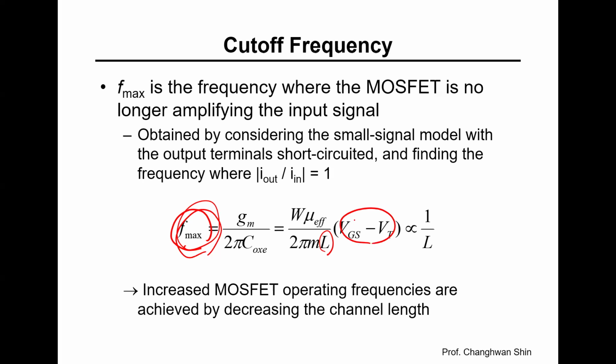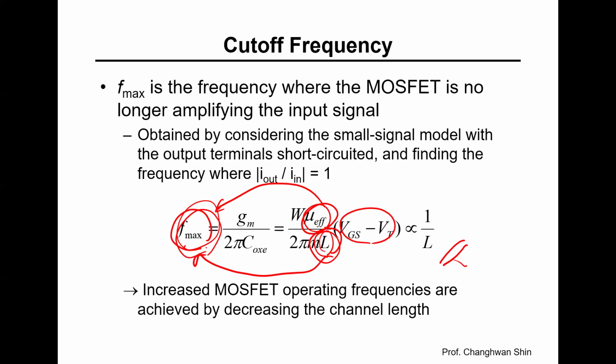Number three, higher carrier mobility directly increases Fmax, which is why III-V compound semiconductors with higher mobility are often used for high-frequency applications instead of silicon. So the continual drive toward smaller transistors in each new technology node is largely motivated by this relationship between channel length and cutoff frequency.